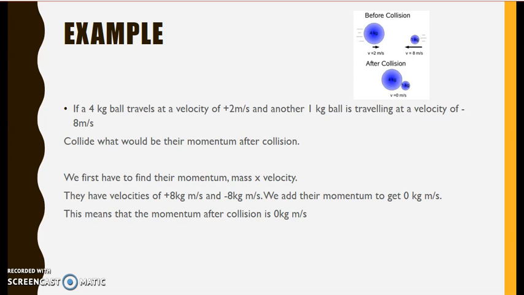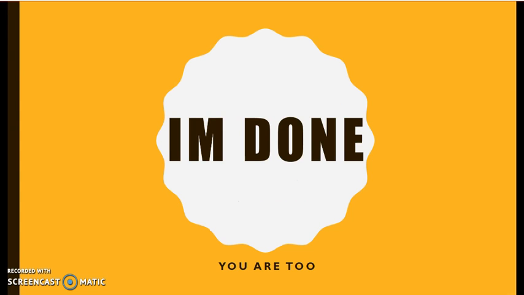So if their momentum is the same on either side and they're opposites, and they clash together, it will become 0. It's just like the balanced forces that we talked about. Equilibrium, and the object will act as if there is no force acting upon it.